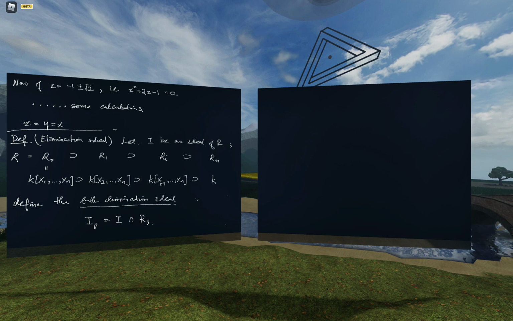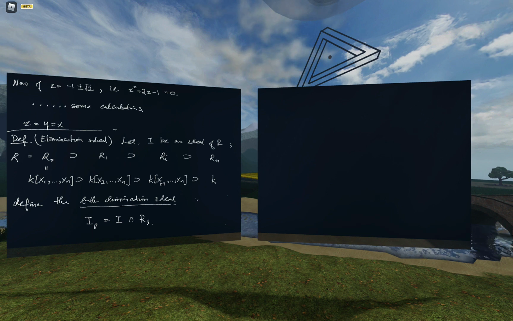The claim, the punchline later on, will be that the Gröbner basis does this in general. It actually respects each of these pieces that we've defined here, and this I_L can be worked out using the Gröbner basis with respect to the lex order. Okay, so that's the definition.